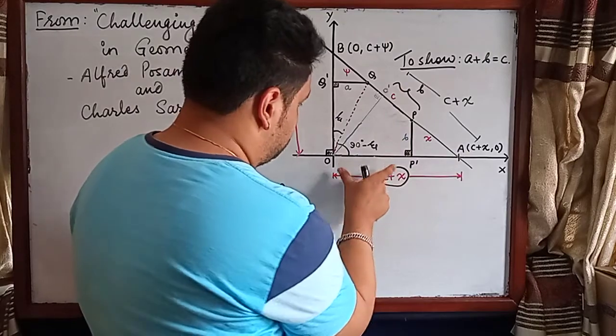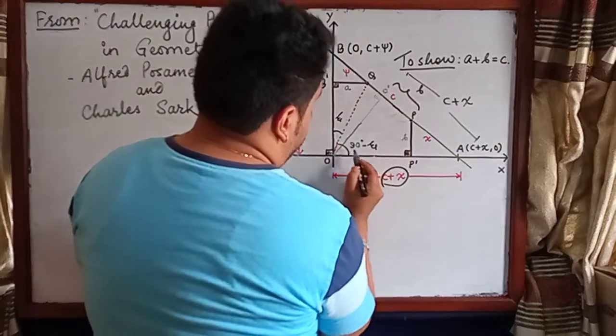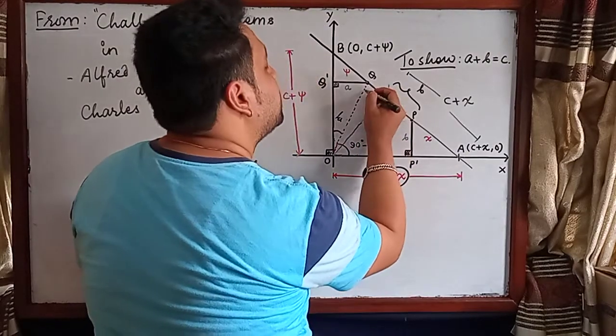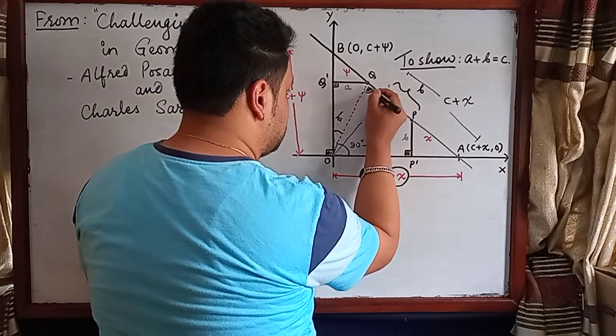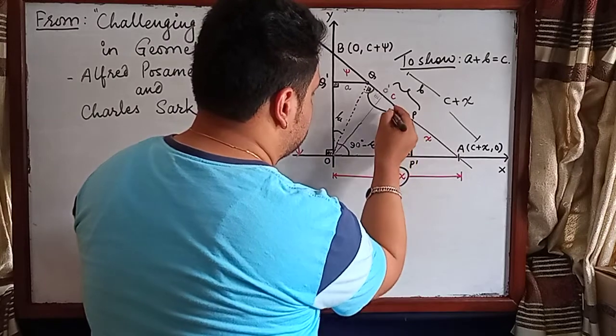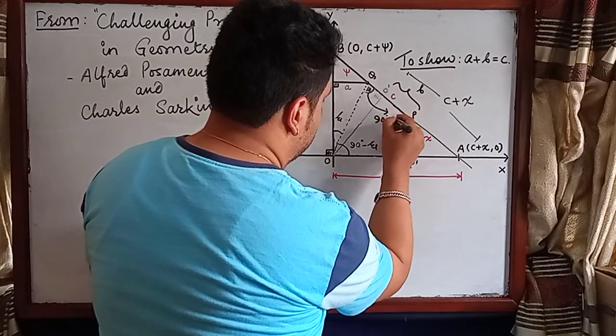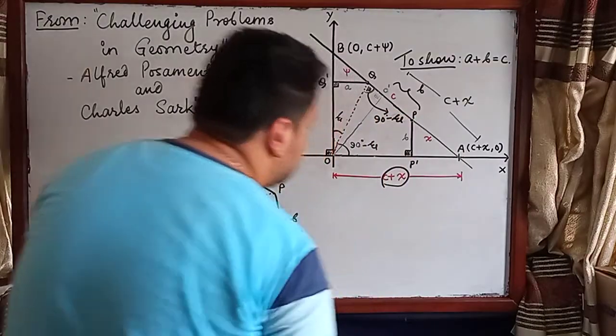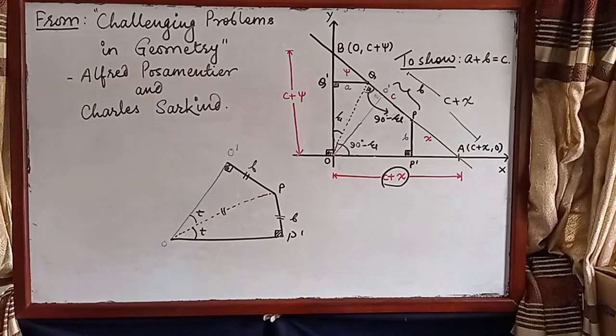So since this angle is 90 minus xi, this angle is also 90 degrees minus xi.